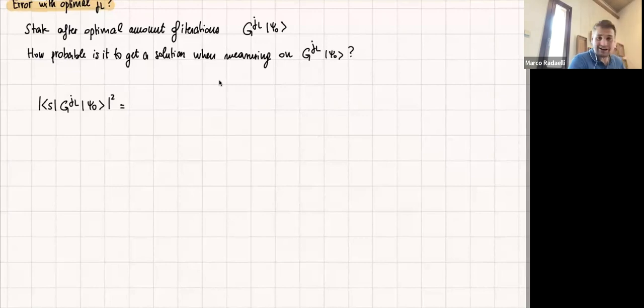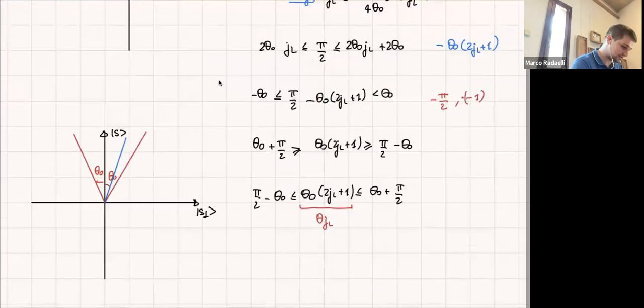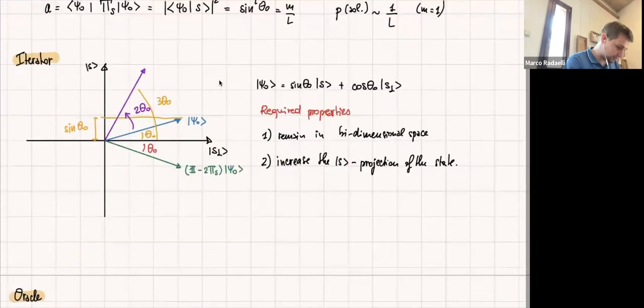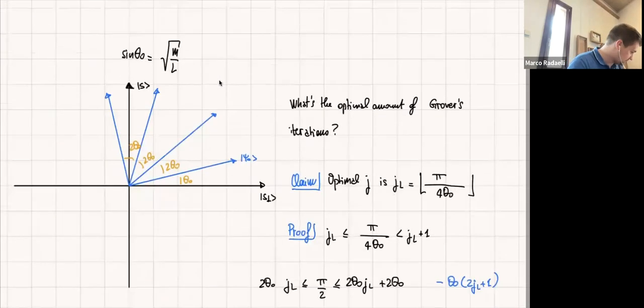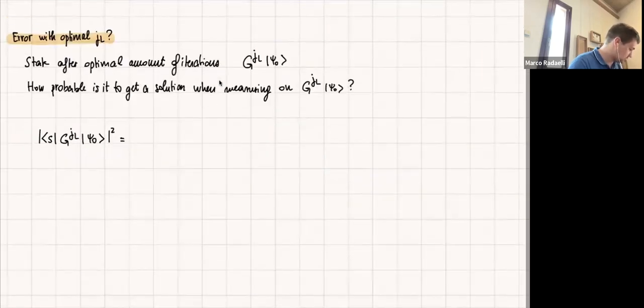At this point, we know what's the projection of G to the JL power psi naught, because we know that we are at an angle which is 2J plus 1 theta naught. So the probability is sin squared of theta JL.